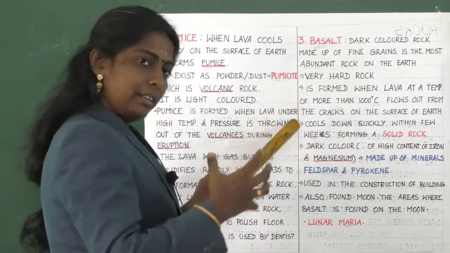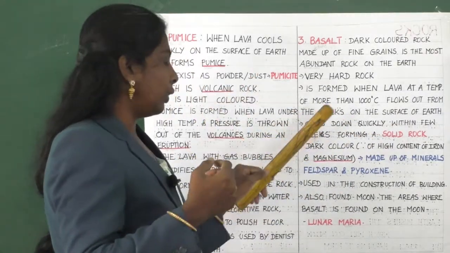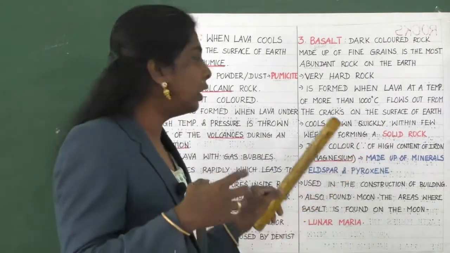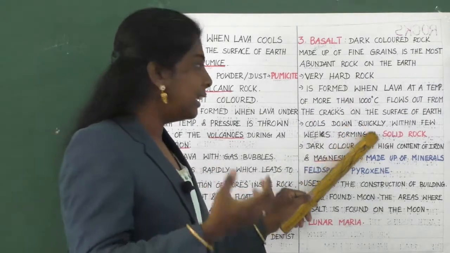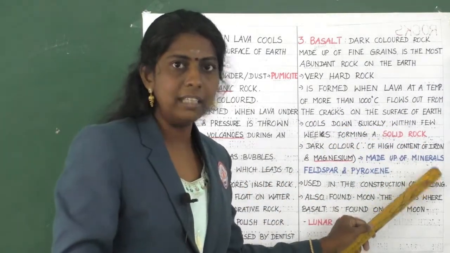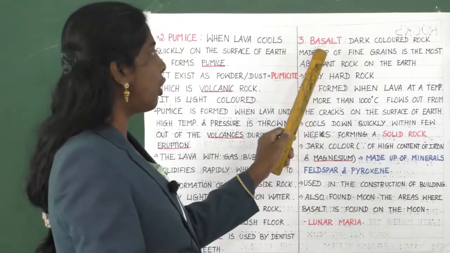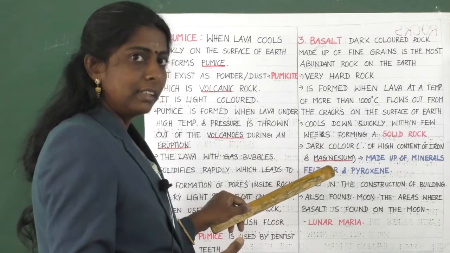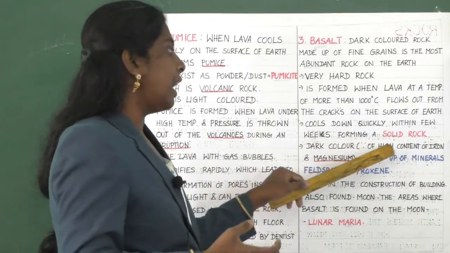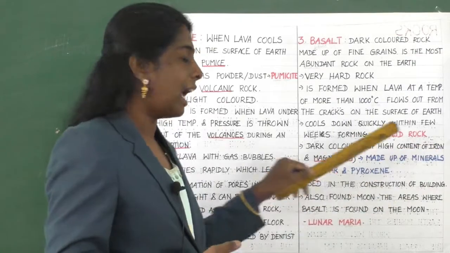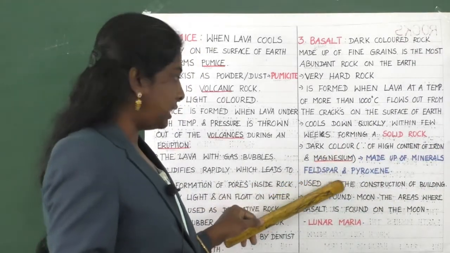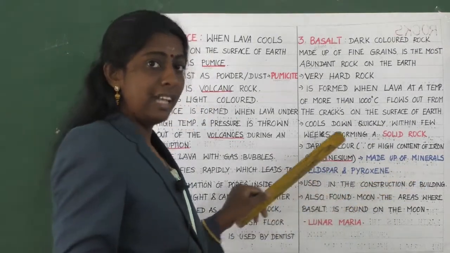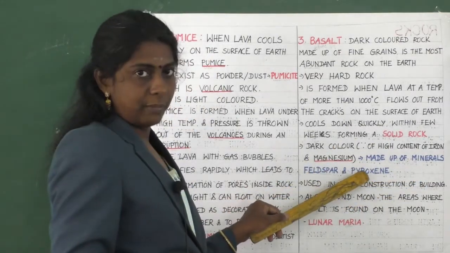Then it cools down quickly within a few weeks, forming a solid rock, and this rock is said to be basalt. It is dark in color because of the high content of iron and magnesium. It is made up of minerals such as feldspar and pyroxene.